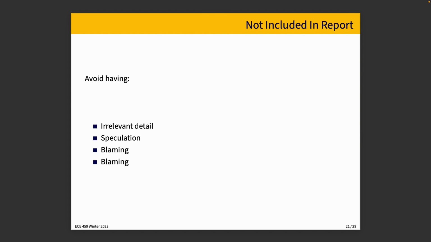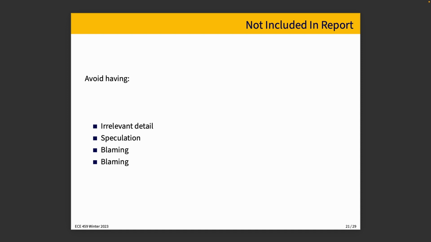Yeah, lessons learned are important, but it's also important not to have things in there that should not be in there. So I put a few items here. I put number one, irrelevant detail. This is fairly straightforward.